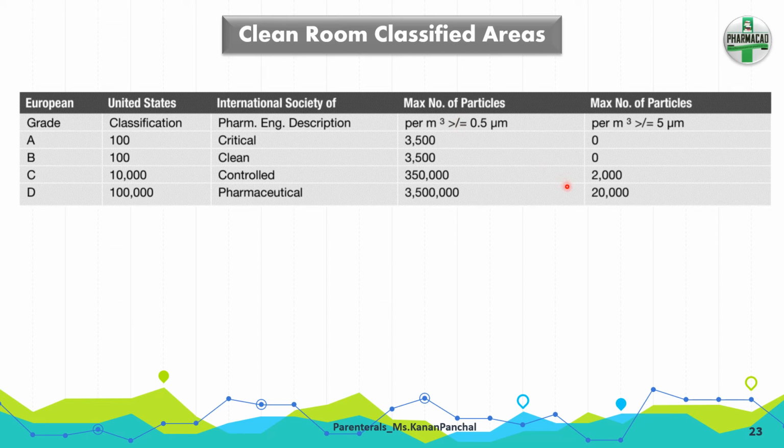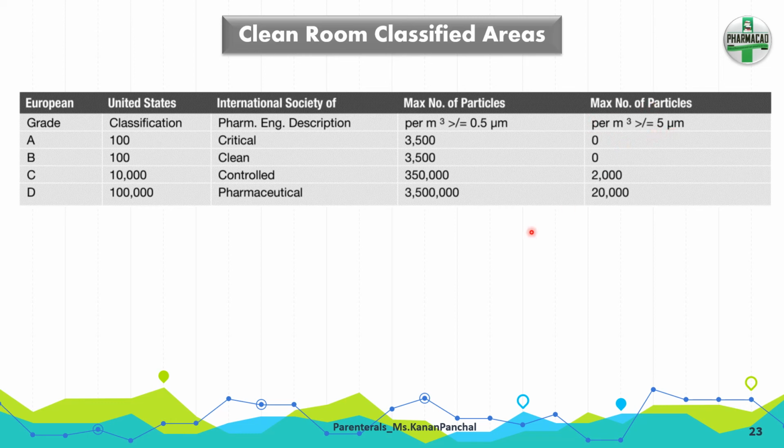Now the European standard also has to calculate the classification of the room based on the number of particles of size 5 microns. So it says that the grade A room cannot have more than 3,500 particles of 0.5 micron, and it should have 0 particles of 5 micron per cubic meter.